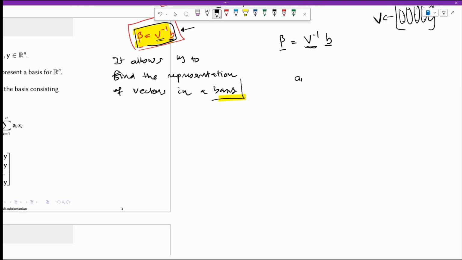Let's say we have A. And I have a vector B. So here I put down numbers without saying what basis, so you assume it's in the standard basis.